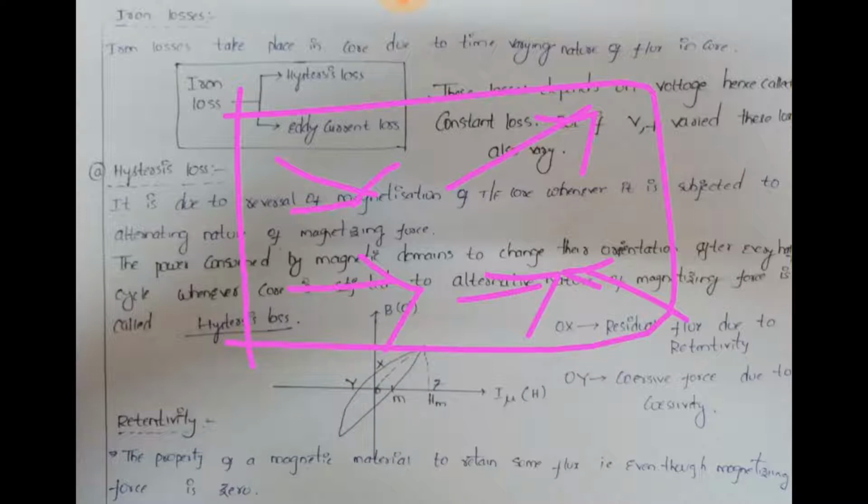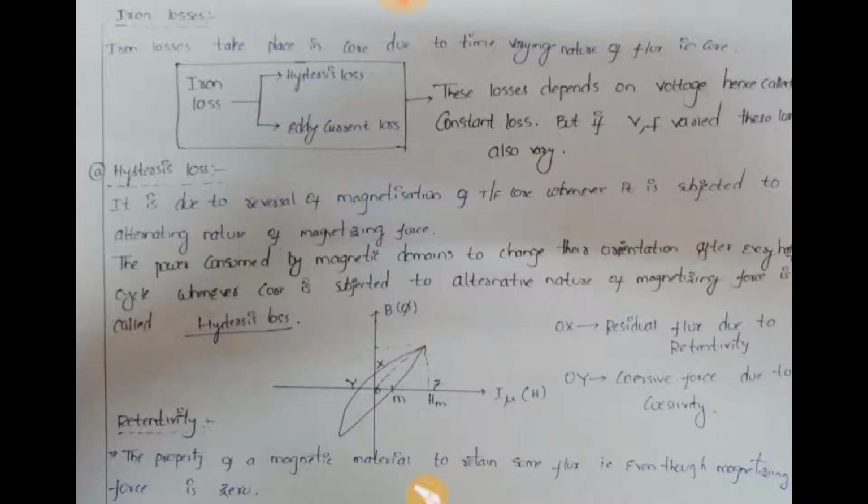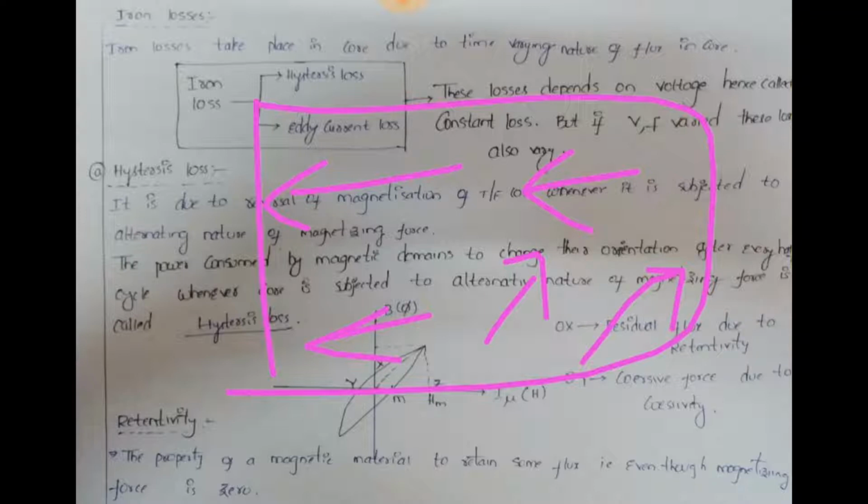So you need an extra force to reverse them in the next cycle. When you apply the negative cycle, all the domains will be in the opposite direction except one or two which try to refuse due to inertia. Now you require an additional force to reverse these magnetic domains, that is called coercive force.